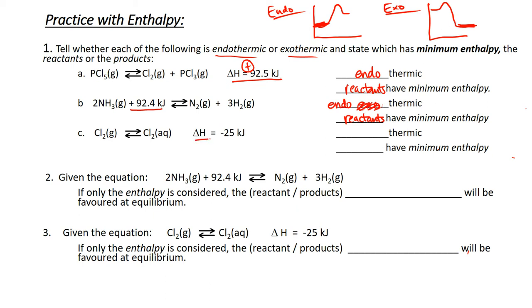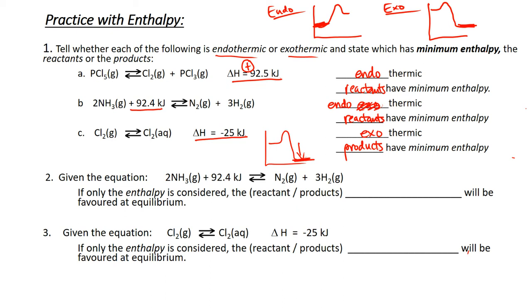And question C, my change in enthalpy delta H is negative. So that would be a decrease in enthalpy, going down by the 25 in this case. So that's exothermic this time. Exothermic, my products are lower. My products have lower enthalpy, or minimum enthalpy.